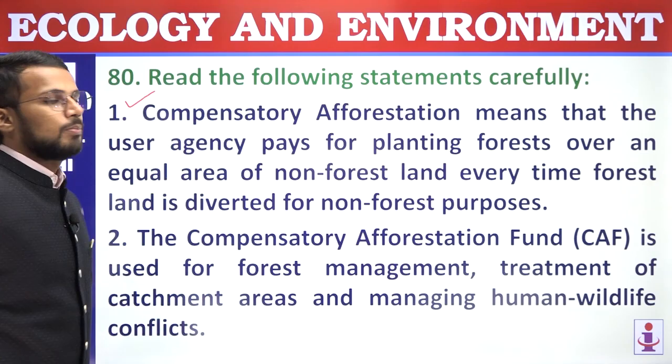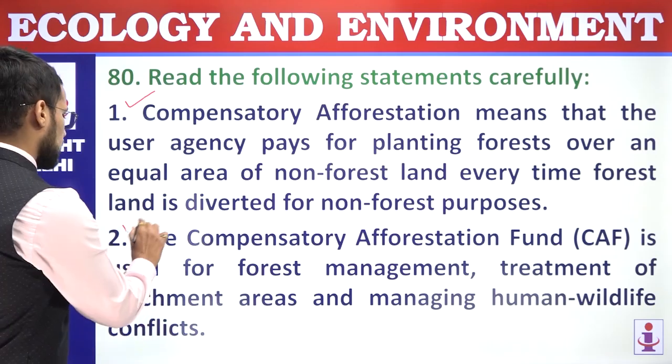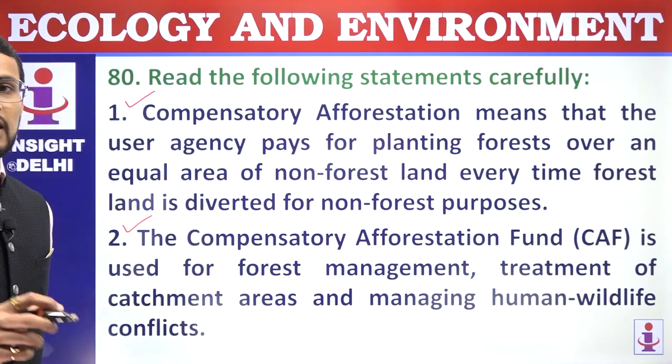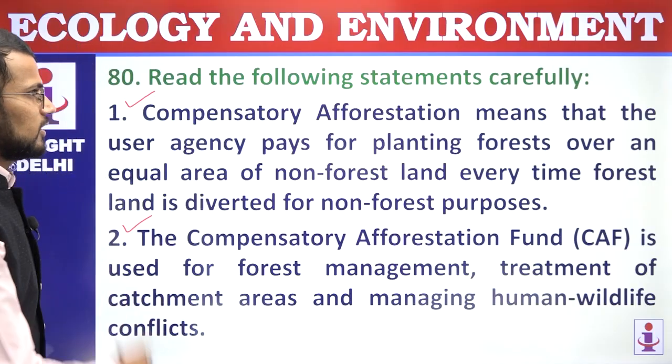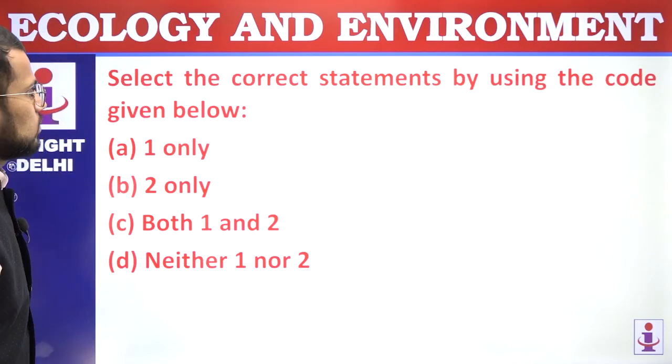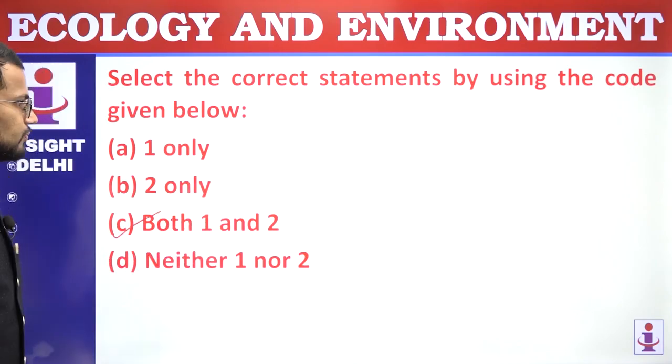So, that is what is compensatory afforestation. Second, the compensatory afforestation fund is used for forest management, treatment of catchment areas, and managing human-wildlife conflict. Right? So these are the purposes for which the compensatory afforestation fund can be used. Both these statements are correct. We are supposed to find out statements which are correct. Answer is C, both 1 and 2.